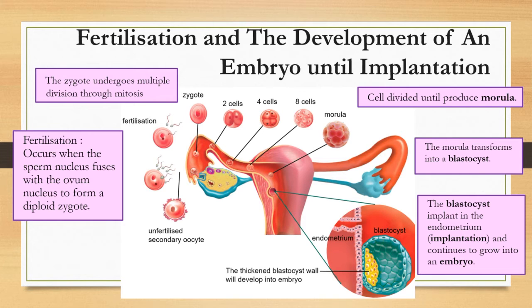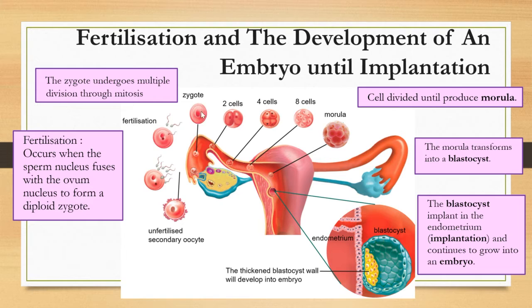after fertilization. The first thing that occurs is fertilization. When fertilization occurs, it means that the woman is pregnant, and it will form a zygote. The zygote will then develop into an embryo.